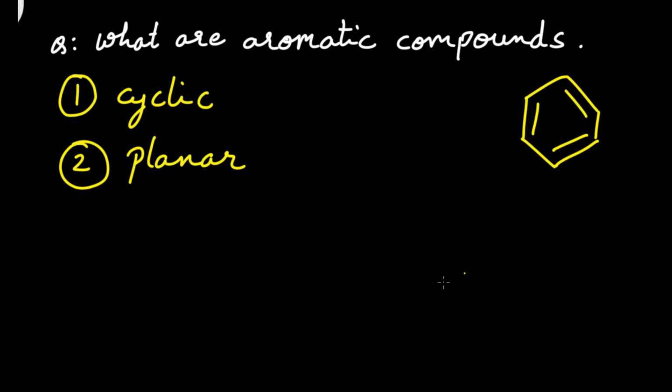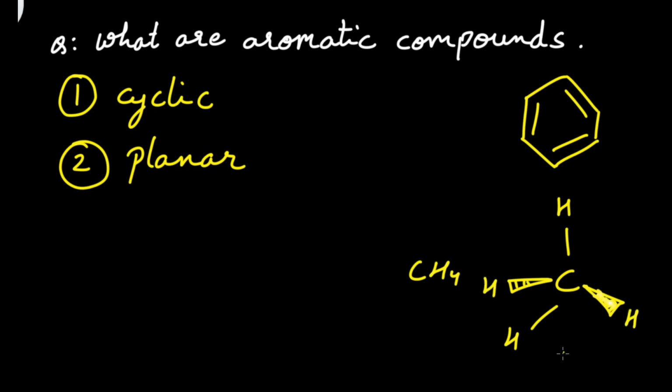If, for example, CH4, in CH4 you will find that two hydrogens are on the plane of paper and the other two hydrogens are above and below the plane, right? So this molecule is not planar, this is three-dimensional. The geometry is three-dimensional, but if you look at benzene, the geometry is two-dimensional. All the atoms in this particular molecule lie on the plane of paper.